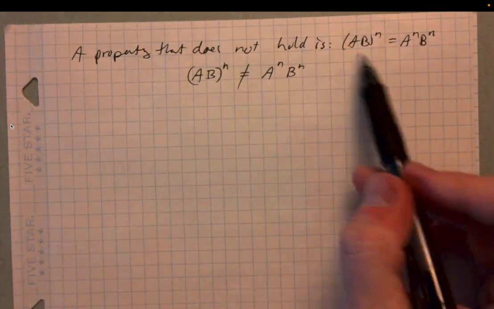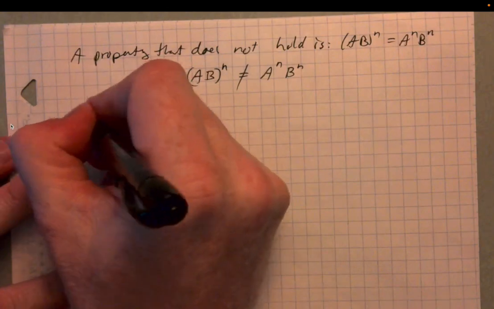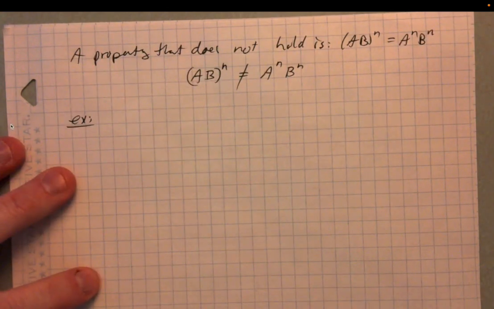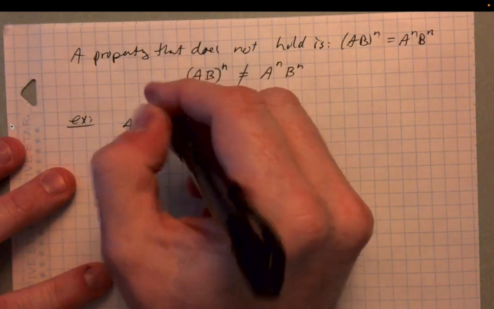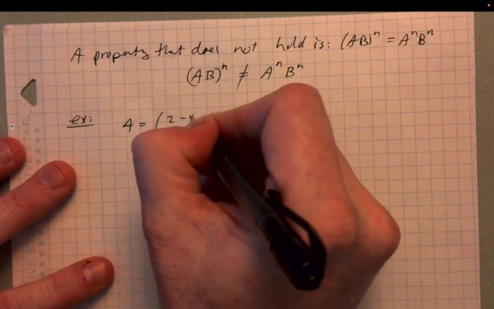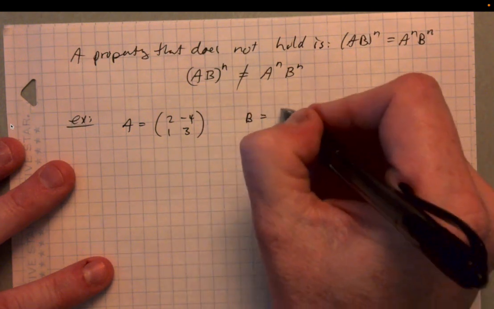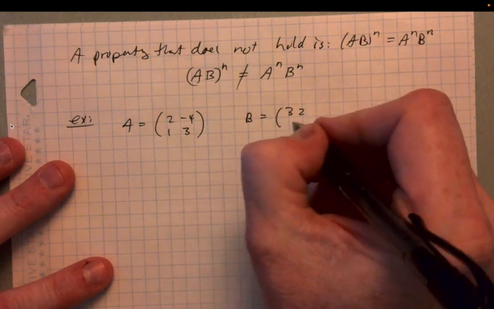So in general, this does not hold, and we say in general it's not true. Let's see an example of that, a counterexample where that fails. So we'll let A equal 2, -4, 1, 3, and B equal 3, 2, -1, 5.